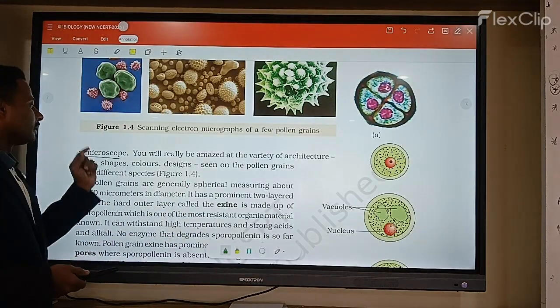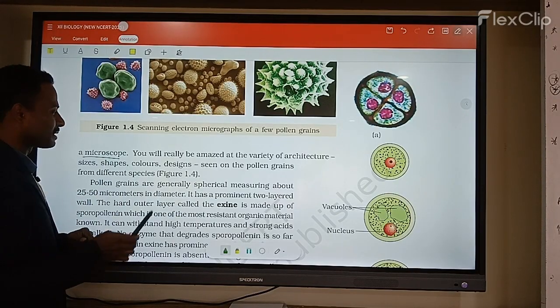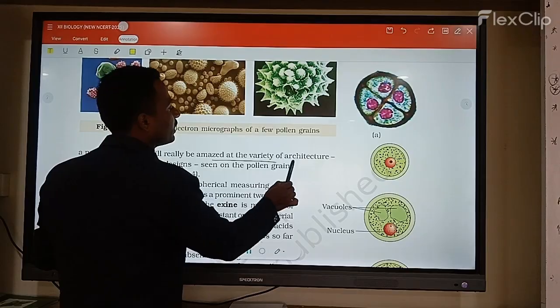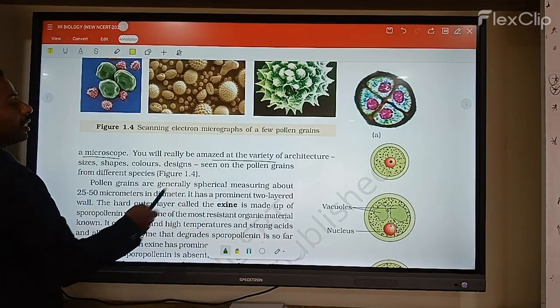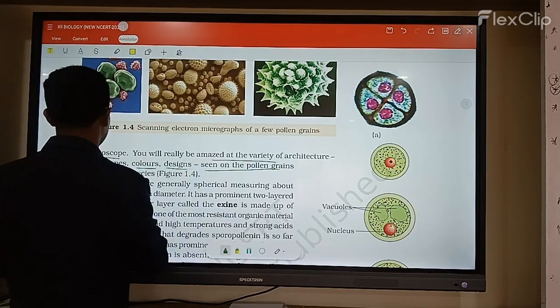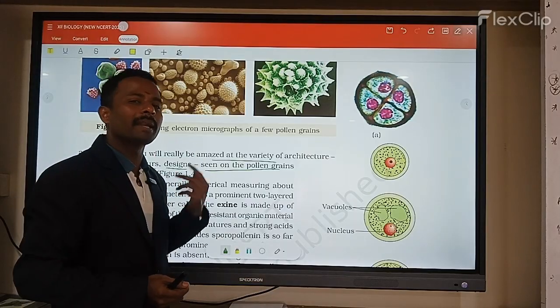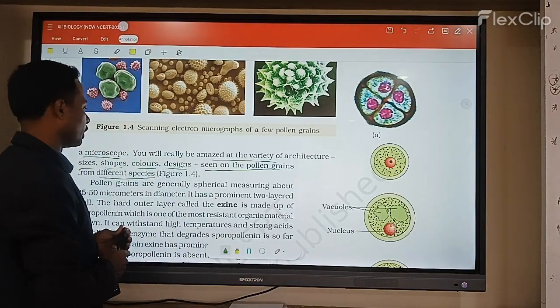It is really amazing. You can see how pollen grains germinate, and the architecture, size, shape, colors and designs of pollen grains from different species.